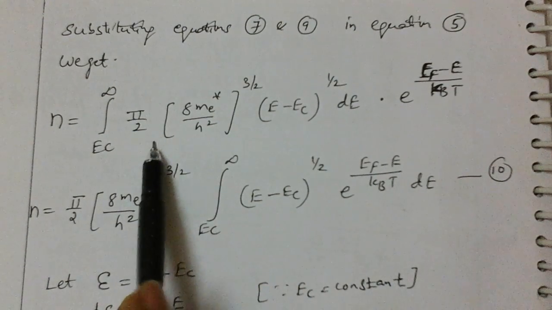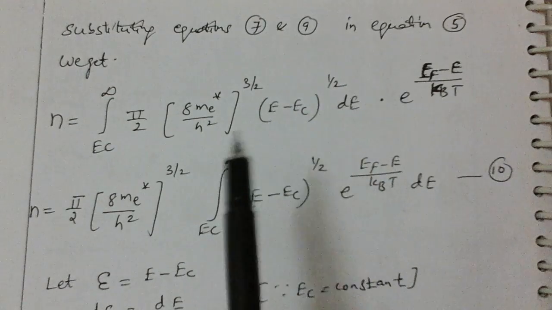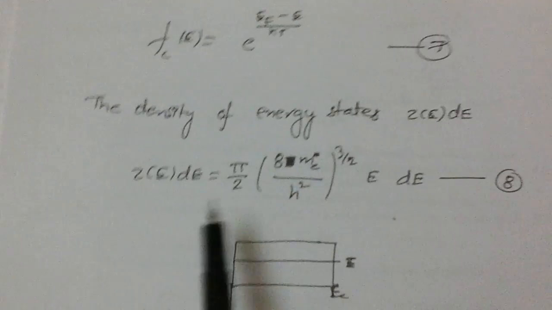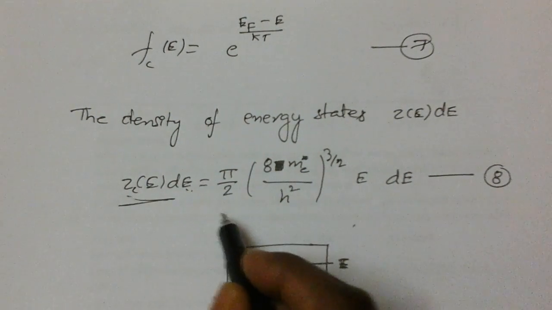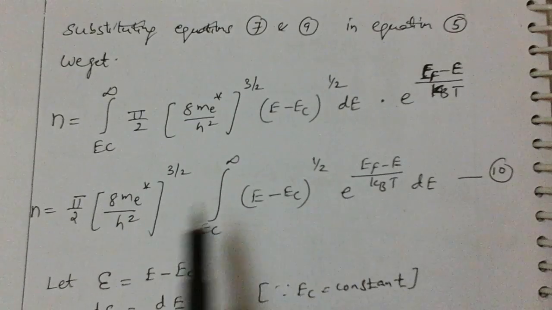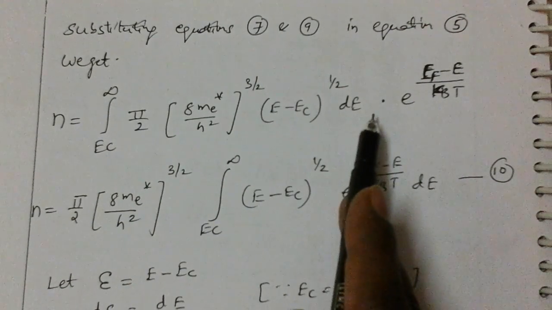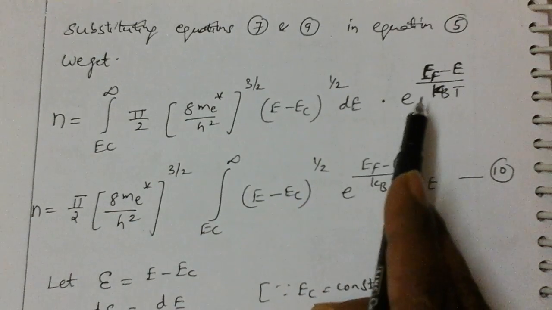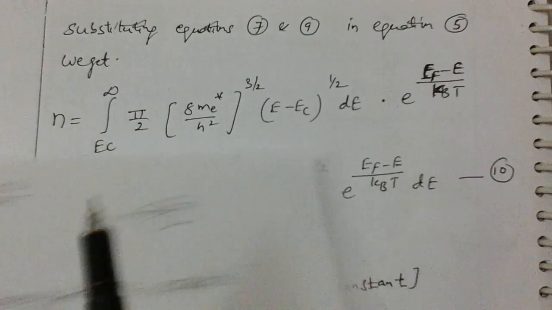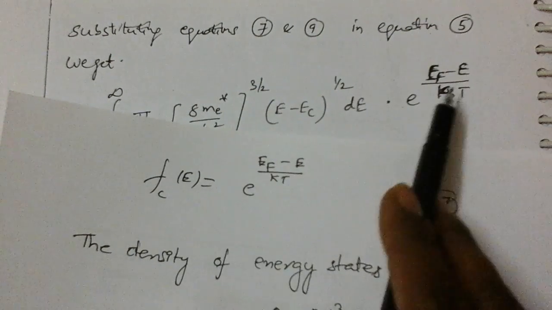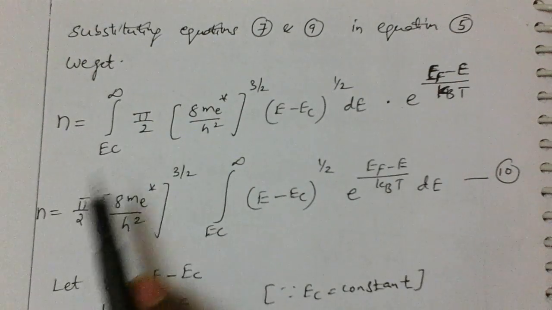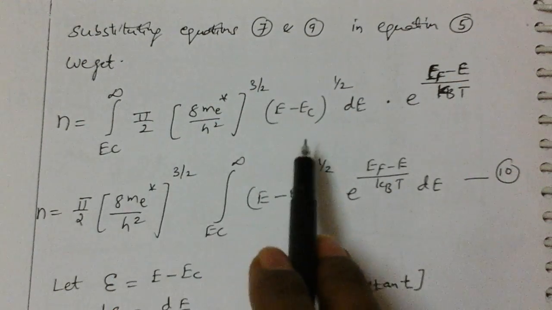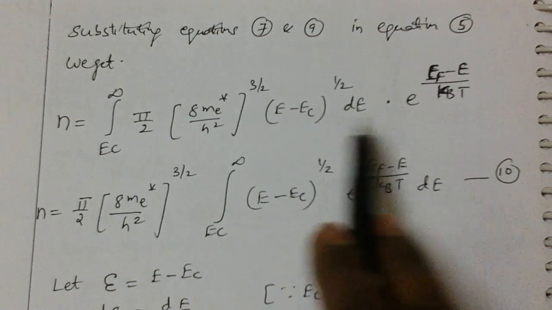This total value is the Z_C(E) dE that we have substituted here. So finally n is equal to Z_C(E) dE into f(E) values we have substituted here.